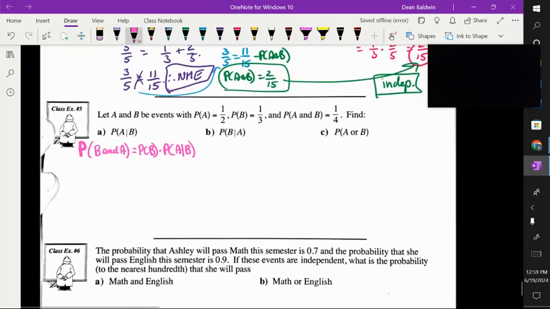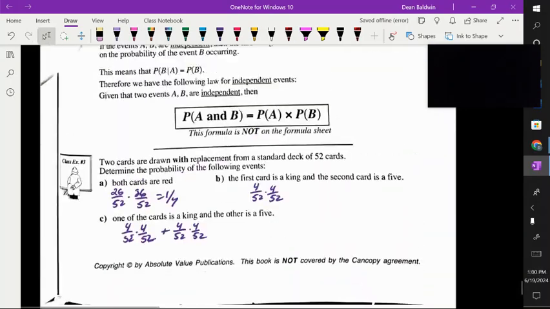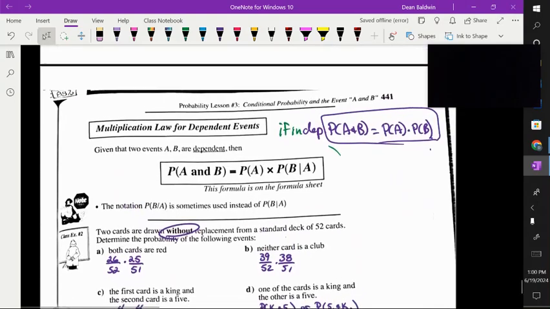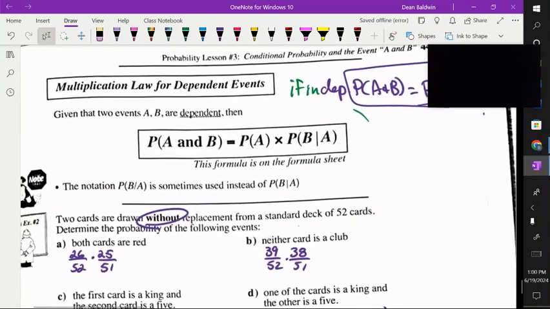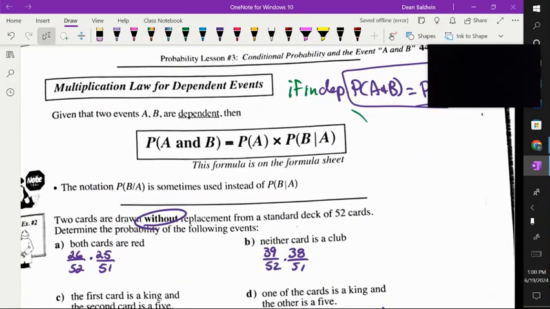And I just want to point out here, this formula can be rewritten, right? I have A and then B, so we have the probability of A here, and then the second letter goes there, given that A has happened.